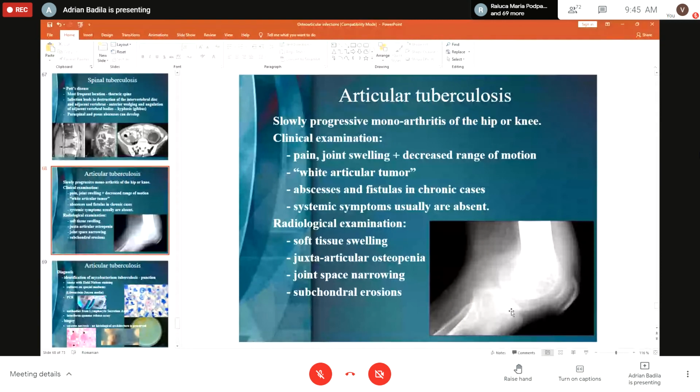In chronic cases, we can see abscesses, periarticular abscesses, and fistula, and the systemic symptoms are usually absent. At the radiologic examination, we will see soft tissue swelling, juxtaarticular osteopenia, like in the image, joint space narrowing, and subchondral erosions.